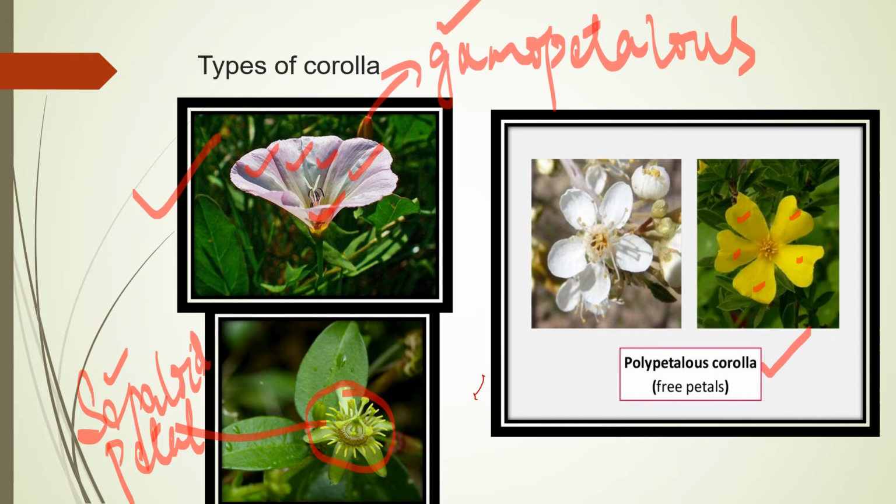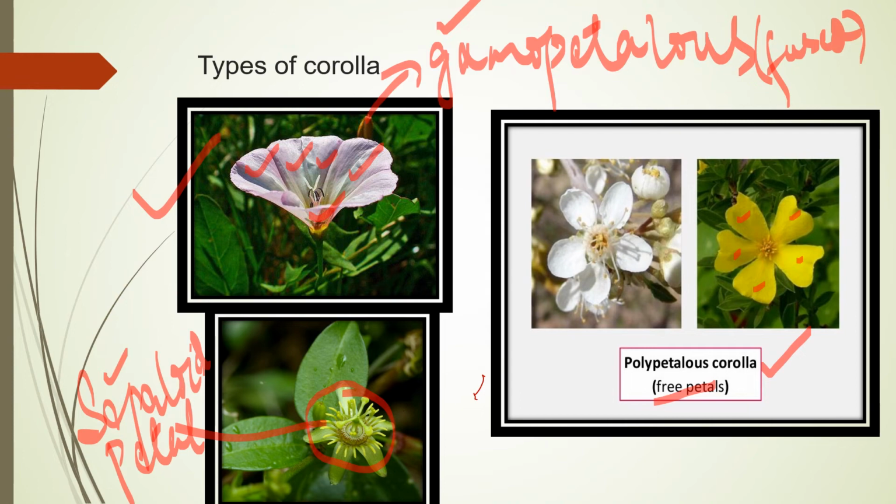And when we are moving to the polypetalous, that is the free petals, and this gamo is the fused petals. It should be clear to everyone: gamopetalous means fused petals and polypetalous means when the petals are free from one another.